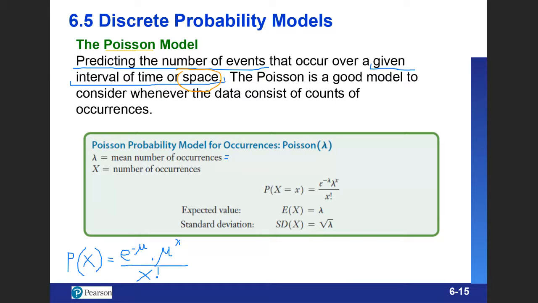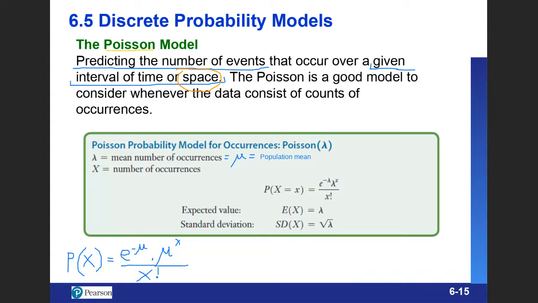Does anyone remember what mu stands for? Expected value, or in other words, population mean. Yep, population mean, same thing, okay? So instead of using lambda, we're going to use mu.